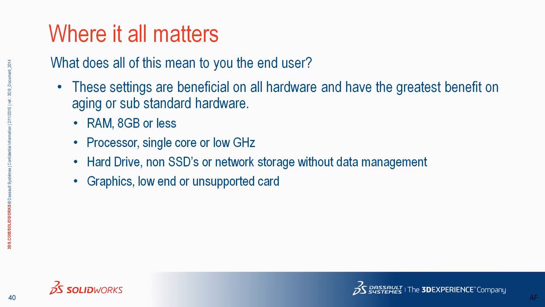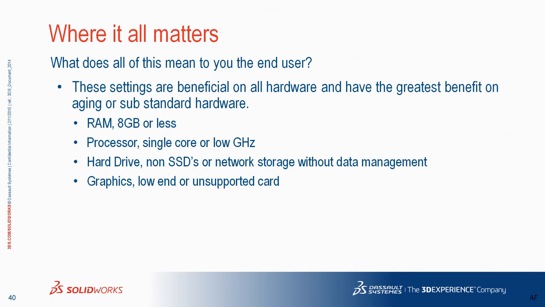So where it all matters, okay? As you can imagine, the more powerful your hardware, the less impact these things have. The less powerful, the more impact it's going to have. It's just the way it works. It's natural, right? So if you got 8 gigabytes or less, this is going to be a huge deal for you. I'd recommend just going and buying the RAM, all right? The processor, single core or low gigahertz, even dual core, these methodologies would make a gigantic difference.